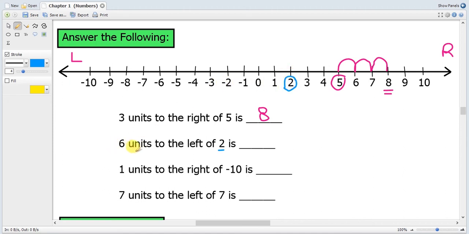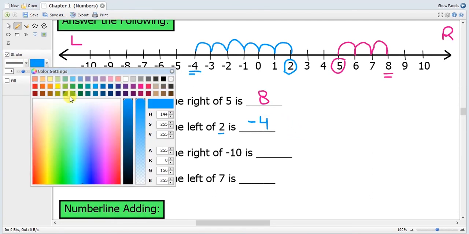And we have to move 6 units to the left side. So this is 1, 2, 3, 4, 5, and 6. So the number we landed on is -4, right? Okay, next question.